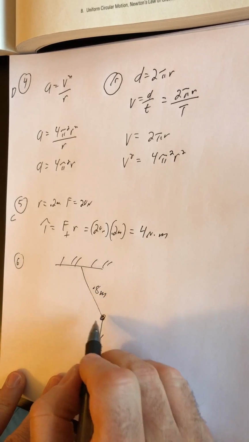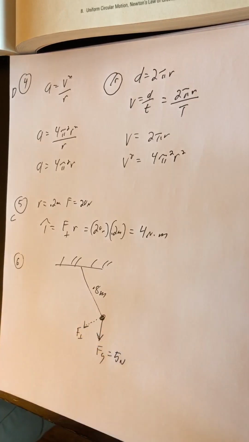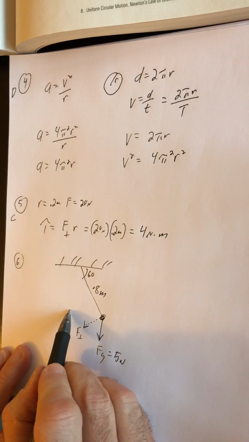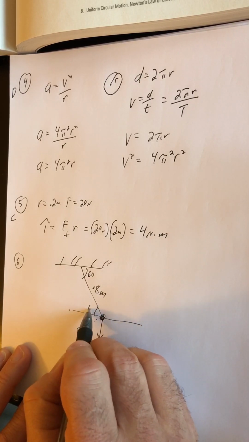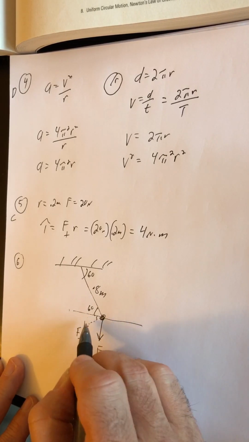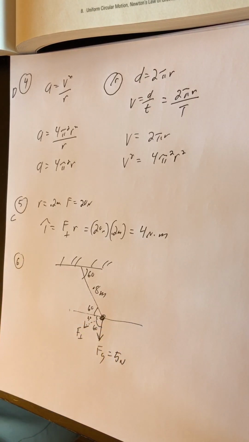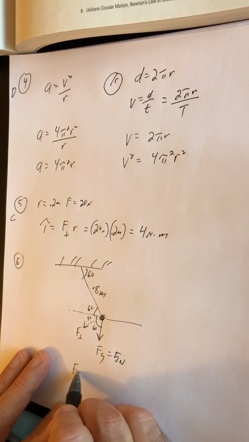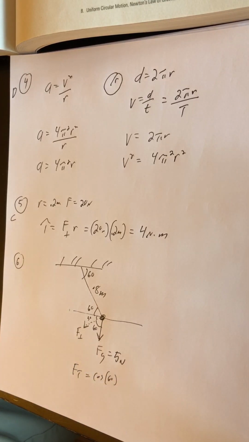But the problem is we want this perpendicular component of the force. So if this is 60, and I just draw a parallel line in, this is going to be 60 also. That means this little guy is going to be 30, and that means this one is 60. So this is the adjacent side. So the perpendicular force is going to be cosine of 60.